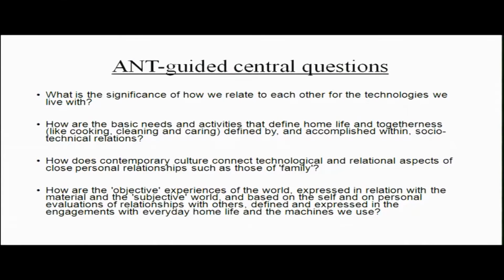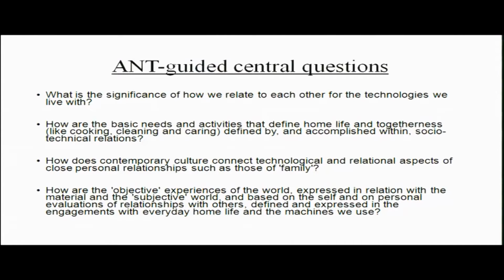It actually raises some central questions. What is the significance of how we relate to each other for the technologies we live with, and how are the basic needs and activities that define home life and togetherness, like cooking, cleaning, caring, defined by and accomplished within socio-technical relations? This is a very significant question that the actor network theory proposes.